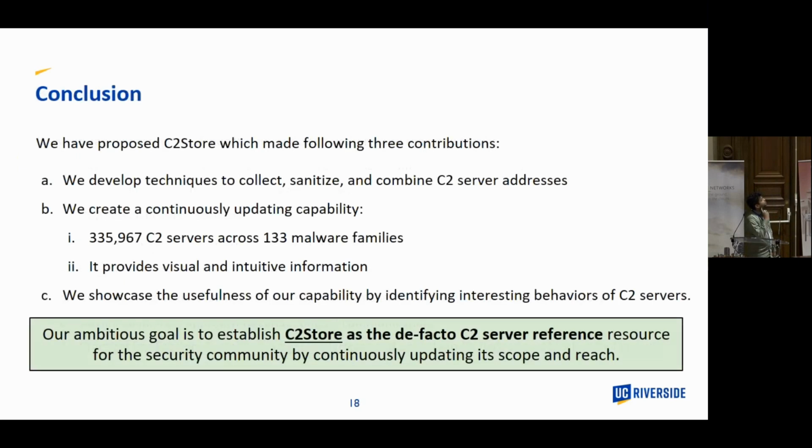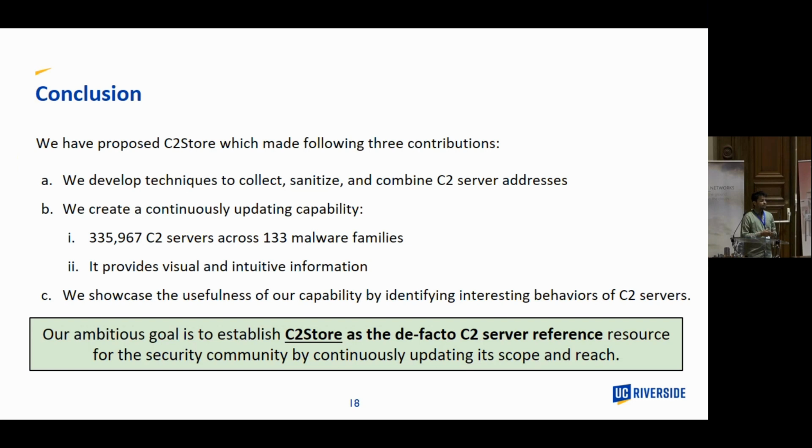To conclude, what we proposed in this work is C2 Store, which is a number of techniques combined together to collect C2 server information, sanitize it, and annotate it with rich metadata.